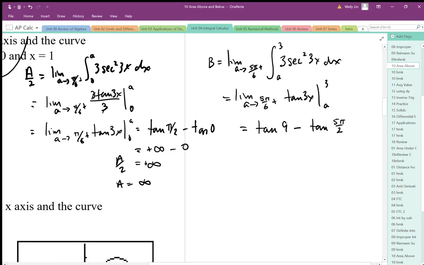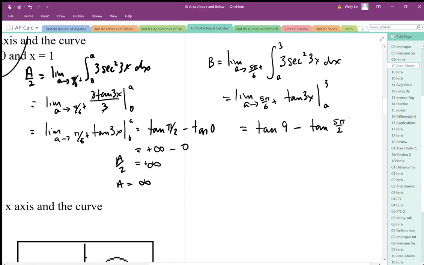Did I do that right? 5 pi times 3 divided by 6 is 5 pi over 2. Yeah, that's right.